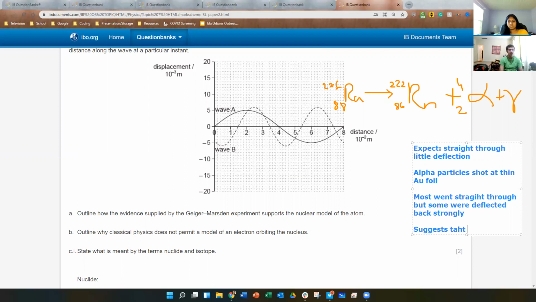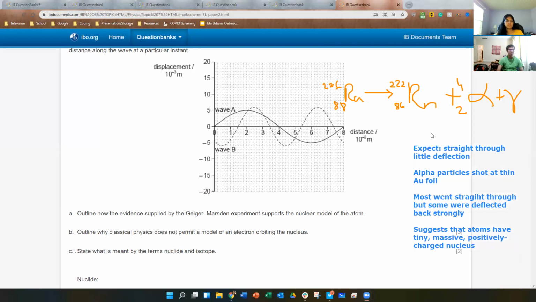Suggests that atoms have a small, positively charged nucleus with most of the mass, right? Or how do you say that? Dense, positively charged? Tiny, massive, positively charged nucleus. Tiny, yes. Tiny, massive, positively charged.